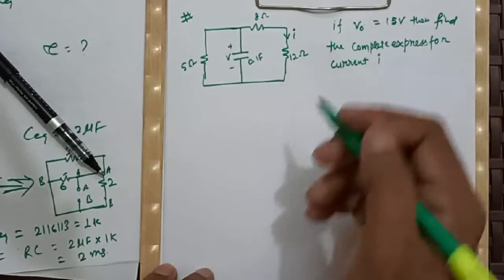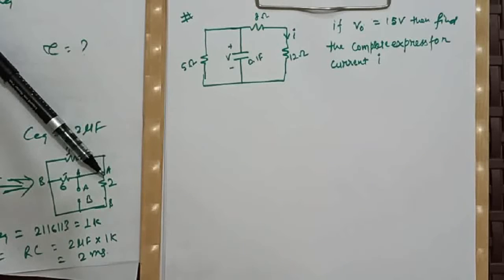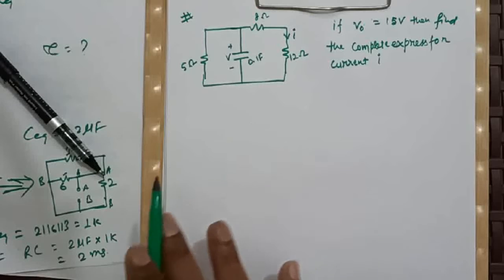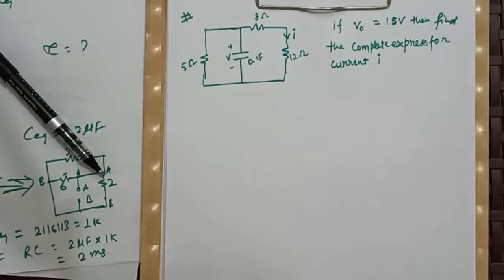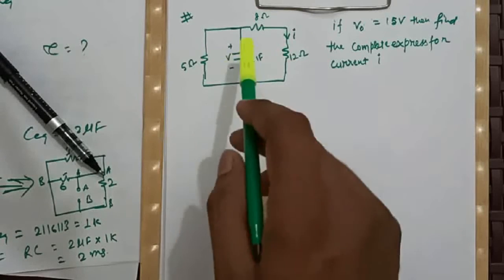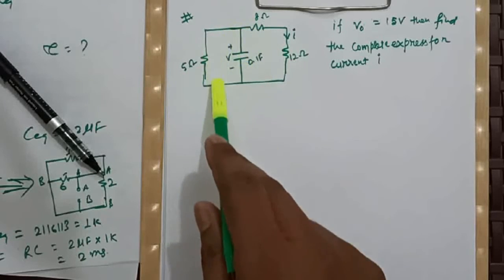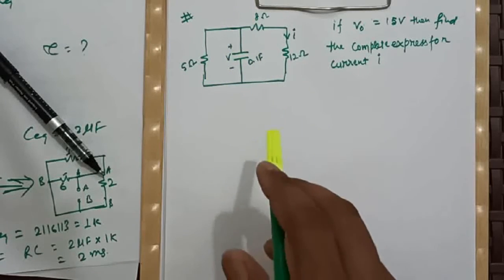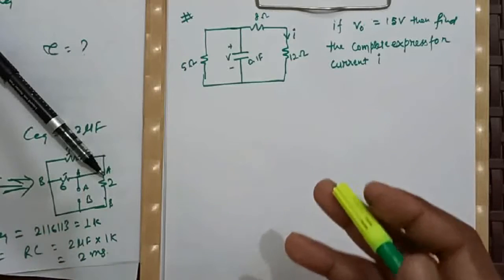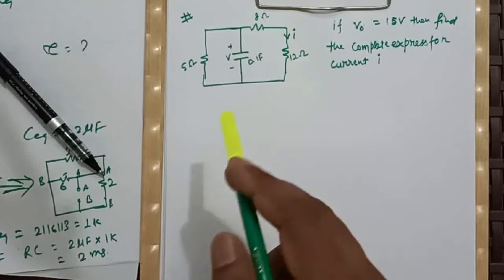This is I. Now see, this is a problem based on the source free response. Why? Because the capacitor was initially charged and this will get discharged through these resistors.